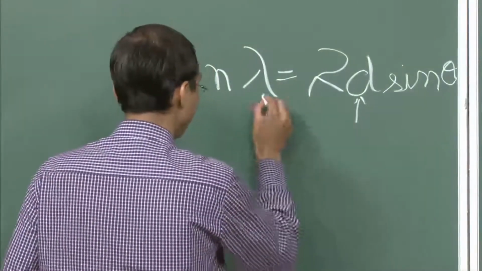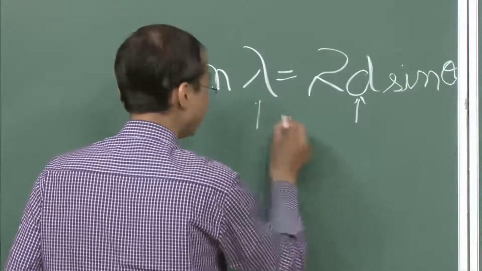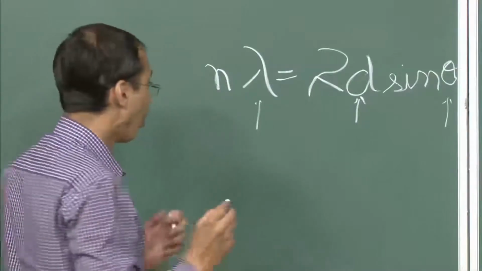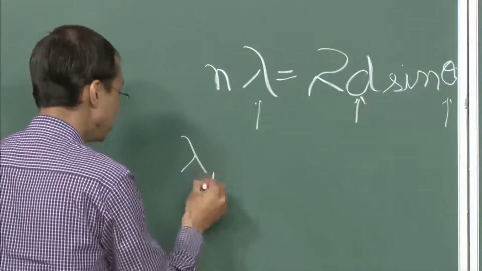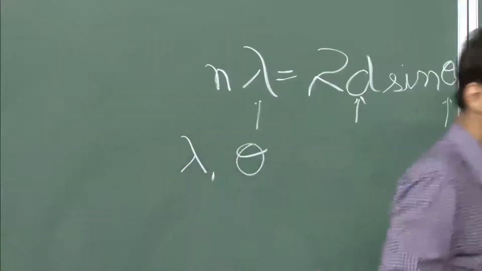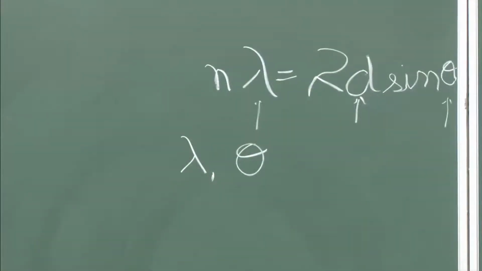At the same time, the wavelength lambda and the angle theta are the two variables. So, all the diffraction techniques essentially deal with varying either lambda or theta. In order to have a look at those diffraction techniques, let us look at this table.